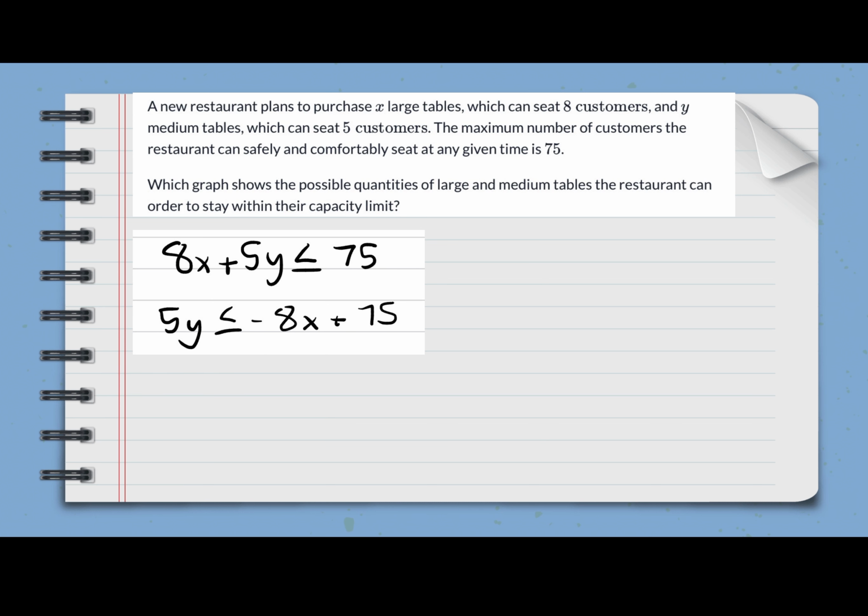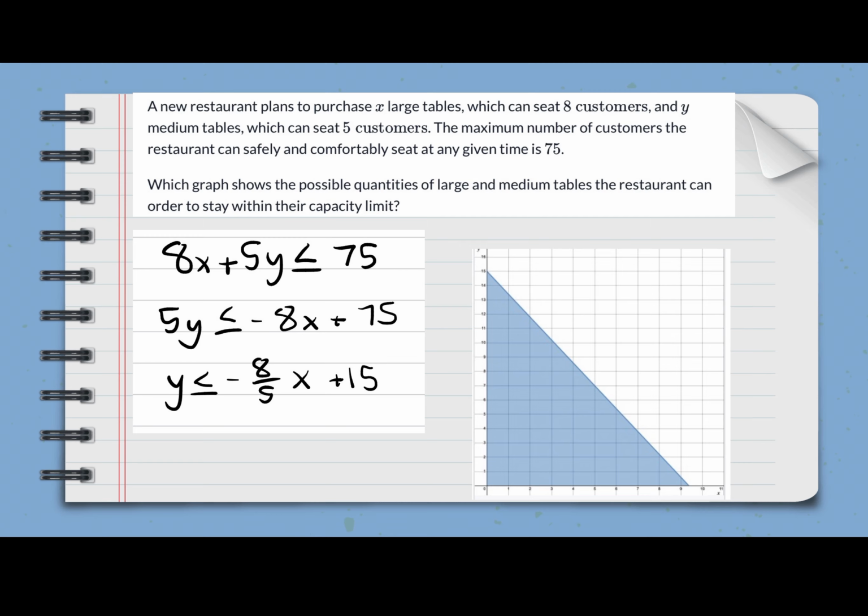So again, just treat this like an equation, but just keep the sign as is. You solve for y. And essentially, we're looking for the graph with this function. So if you look here, this function has a y-intercept of 15, and the slope is negative 8 over 5, which works out perfectly, which is option B.